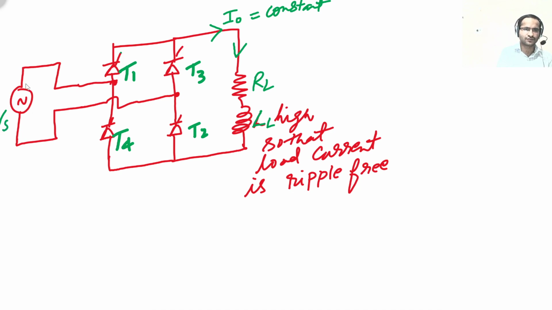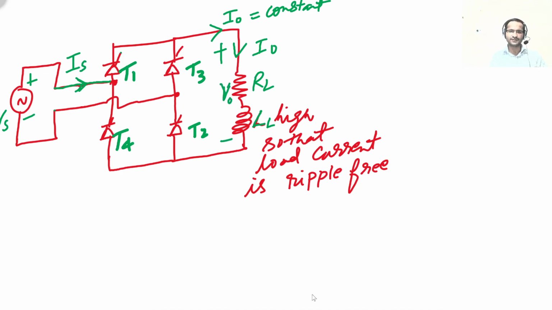Vs is the source voltage and source current is Is, and the reference direction of source current we have taken from left to right. With this reference direction, we will plot the source current, and this is the load current reference direction, and this is the load voltage polarity of the output voltage.